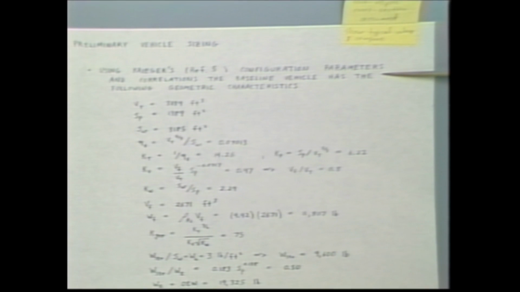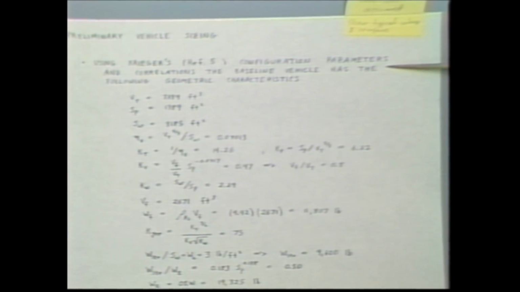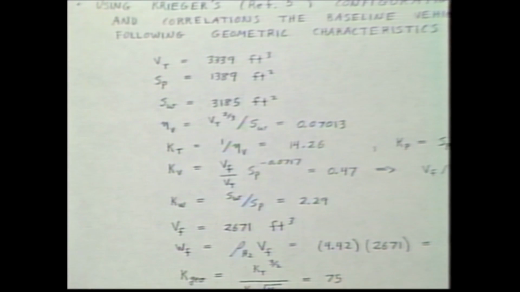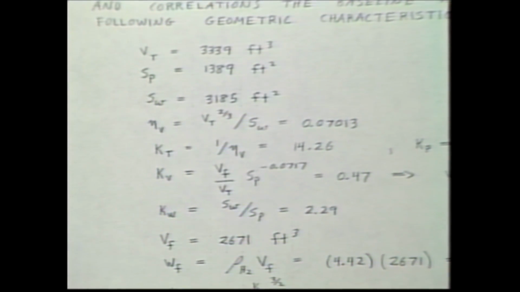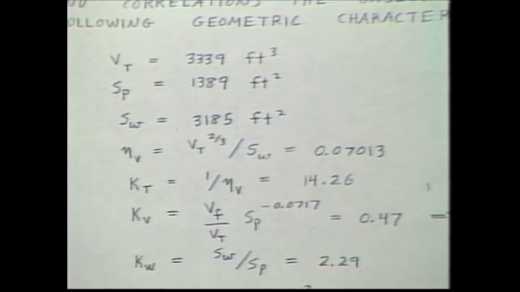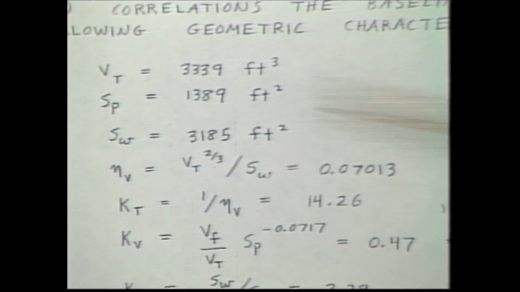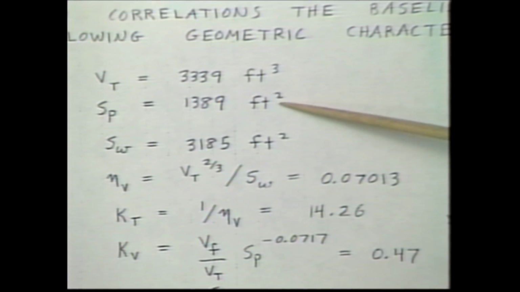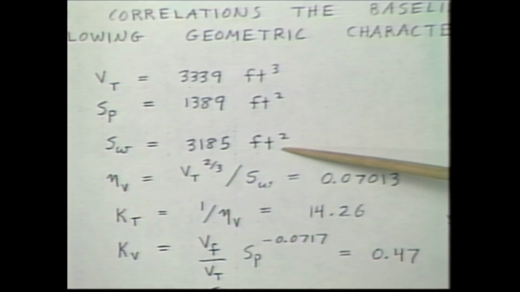Now, I've included in the notes a set of notes that Bob Krieger from McDonnell Douglas generated and used in an AIAA short course a couple years ago. They're very valuable for looking at the geometric characteristics of different shapes and configurations and trying to get an idea of how much the plane might weigh. I took that baseline configuration and calculated the volume, planform area, and wetted area of that shape.